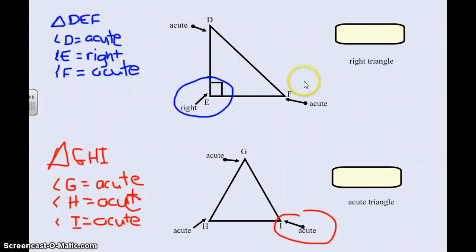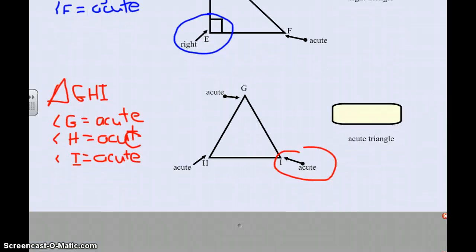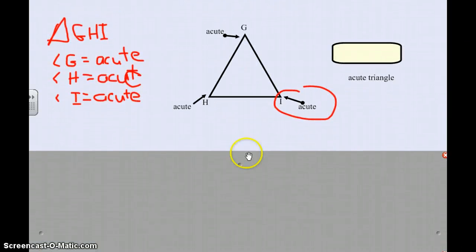DEF, we said that D and F were acute angles, and then we classified it as a right triangle because it had the right angle or 90-degree symbol there. So we said DEF is a right triangle. The last example we looked at was triangle GHI. We said that angle G was acute, and angle I was acute, and angle H was acute. So all three angles were acute, so we classified this as an acute triangle.